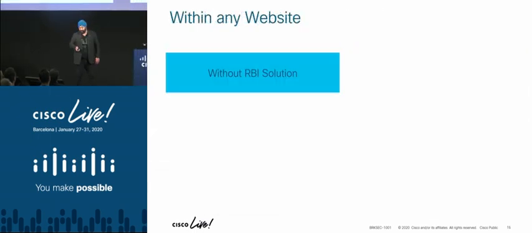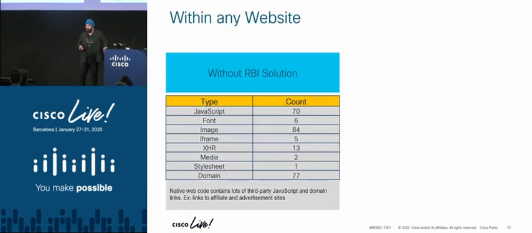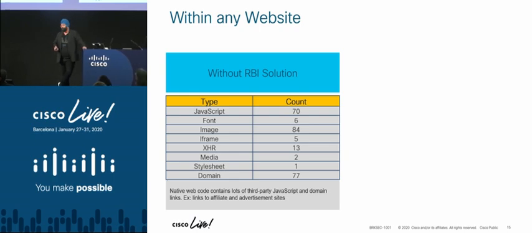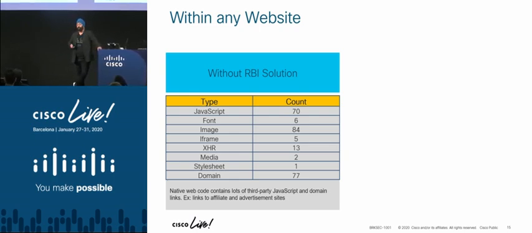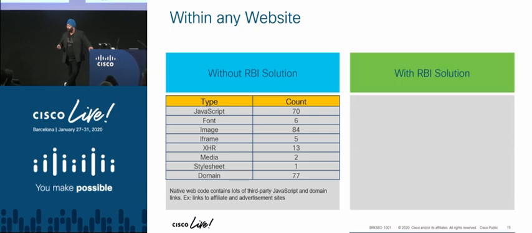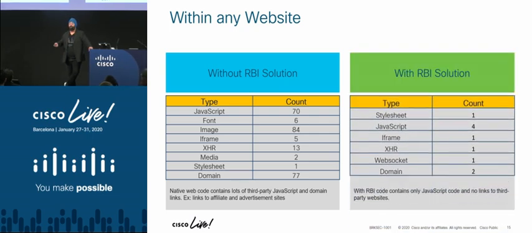Within the RBI solution, these are the types of things you would have as a count, such as JavaScripts, fonts, images, iframes, all that stuff. And within the RBI solution, this is how minimized it is. Sounds interesting? Yes, no? Yep.